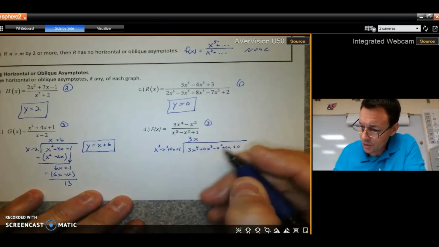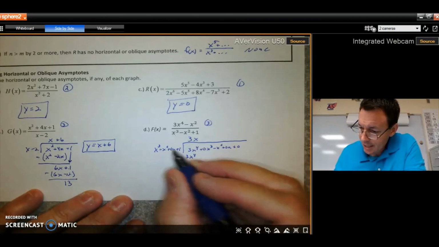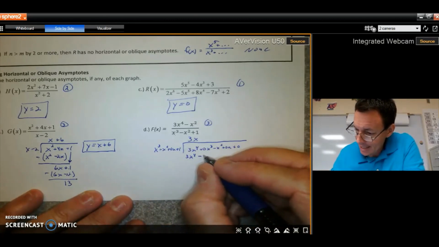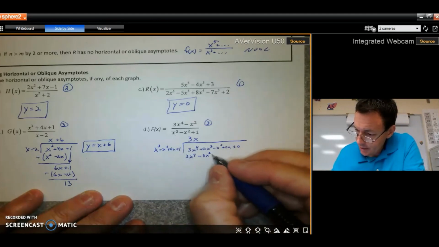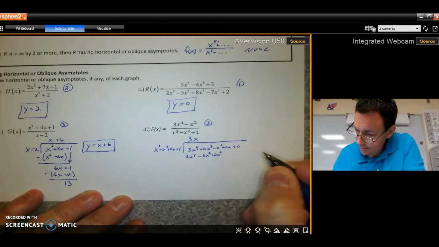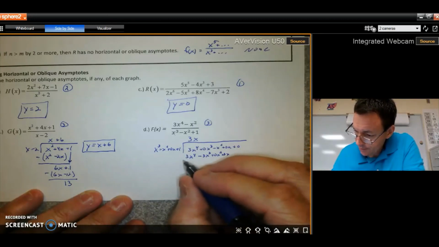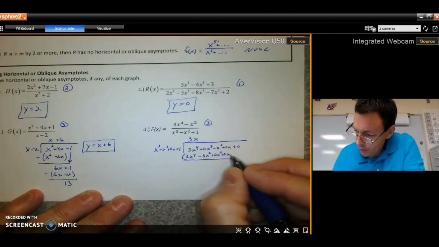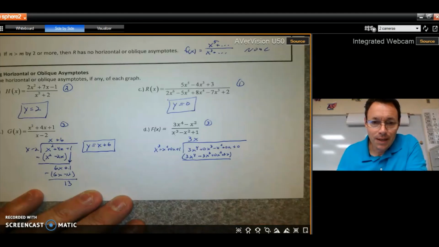So 3x times x cubed is 3x to the fourth. 3x times minus x squared is going to be minus 3x cubed. 3x times 0x is just 0x squared. 3x times 1 is just 3x, positive. And then we subtract that whole polynomial from the one above it.